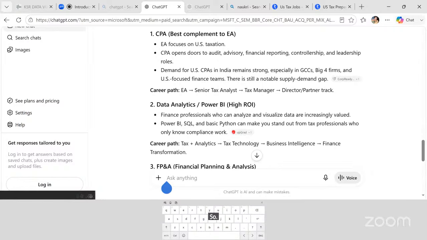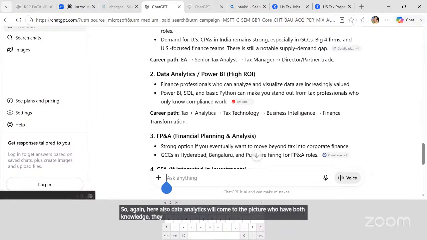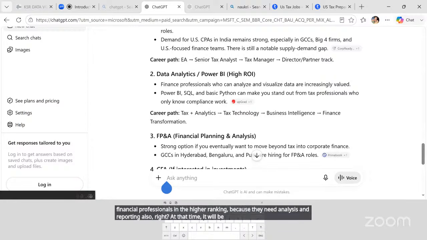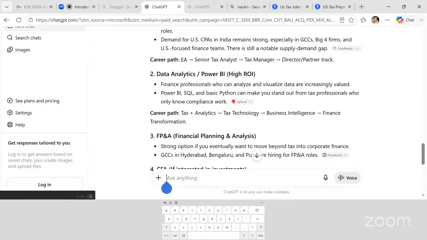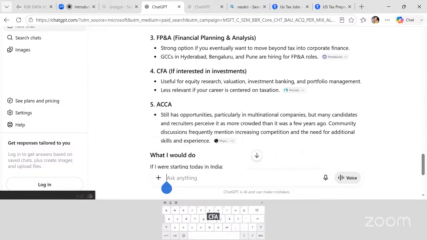Again, here also data analytics will come into the picture. Those who have both knowledge will get packages again. Finance professionals in higher ranks, because they need analysis and reporting also, right? At that time, it will be helpful to you. Financial planning and analysis. CFA, it's investment related.